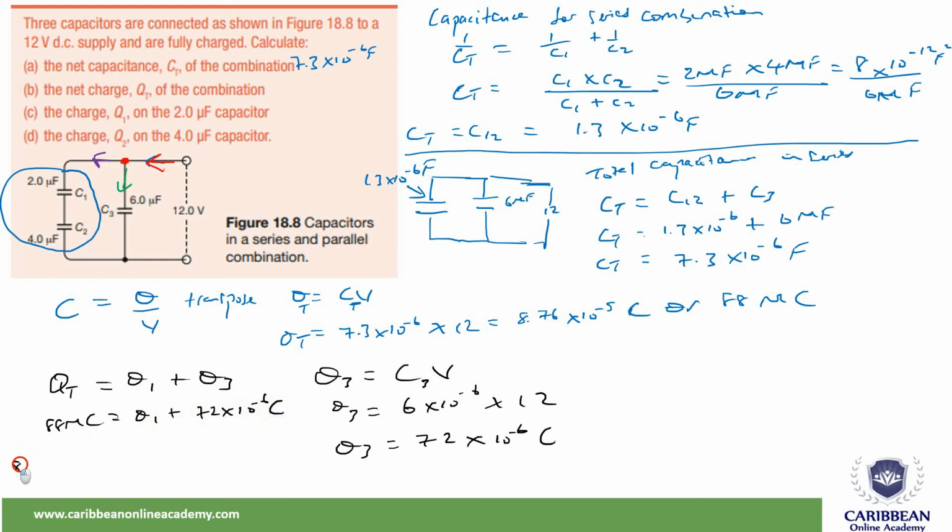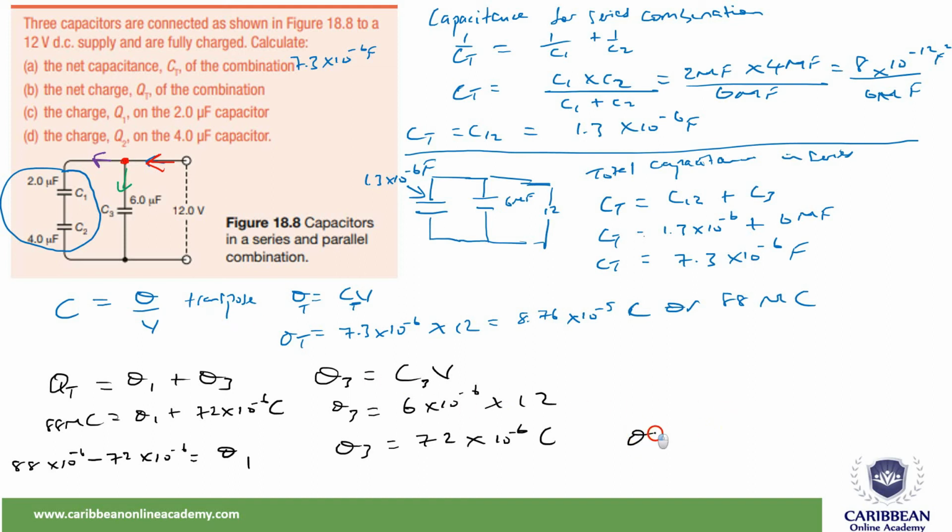So by just manipulating the equation, 88 times 10 to the minus 6 minus 72 times 10 to the minus 6 gives us Q1. Then we can see that the charge stored on Q1 is going to be 88 minus 72.